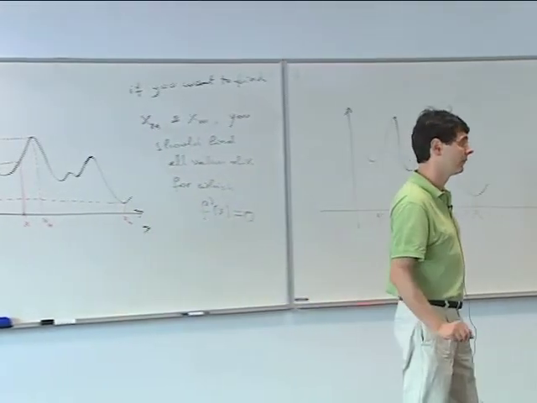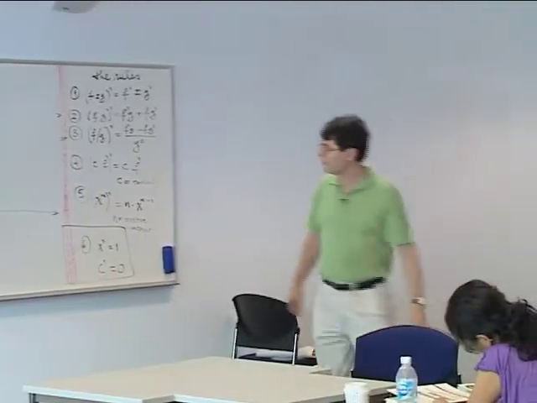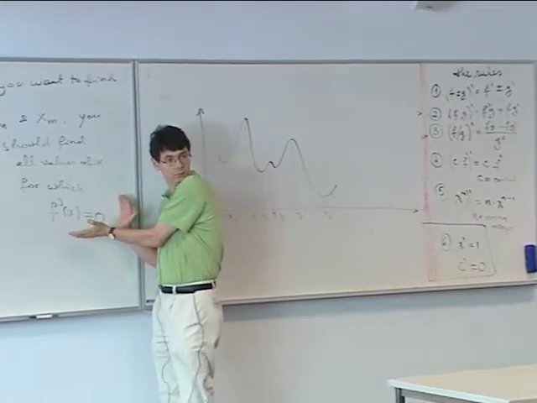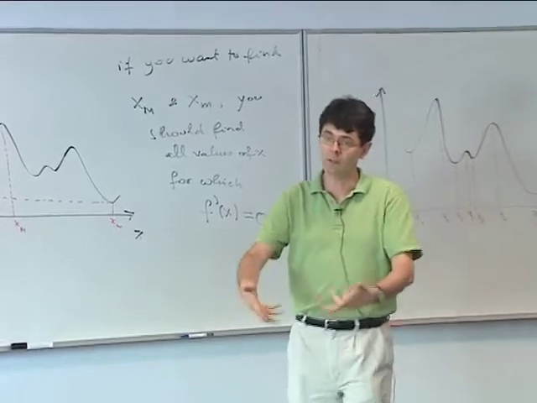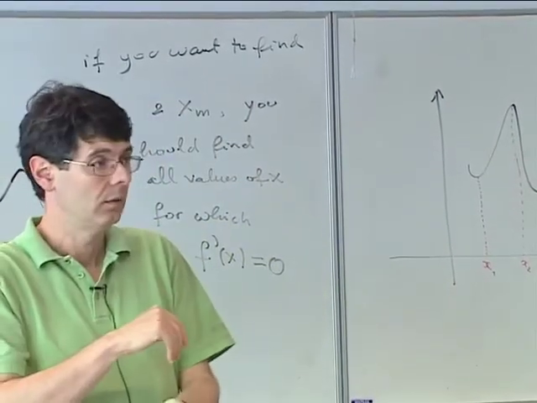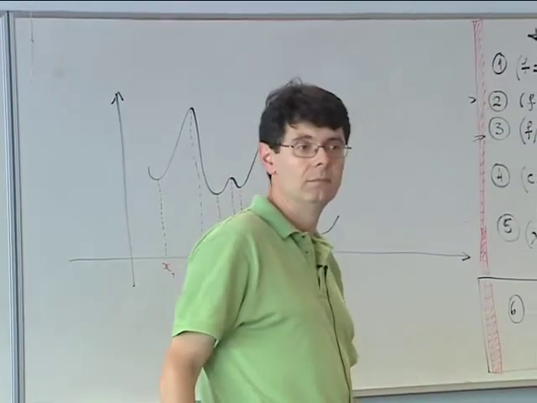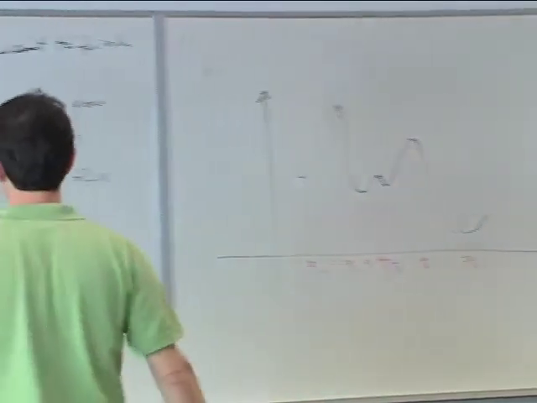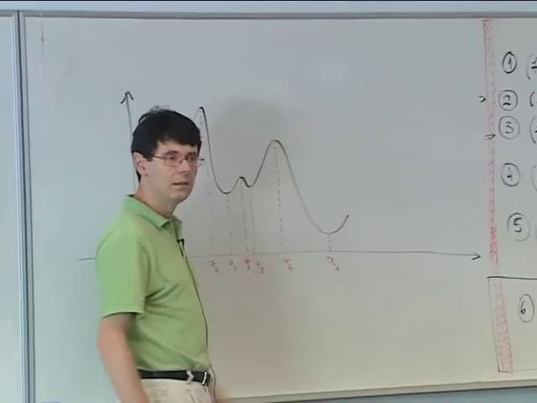In other words, solving this equation will give you many different answers, one of which is going to be the max, one of which is going to be the min. All you know is that the slope is 0 there.